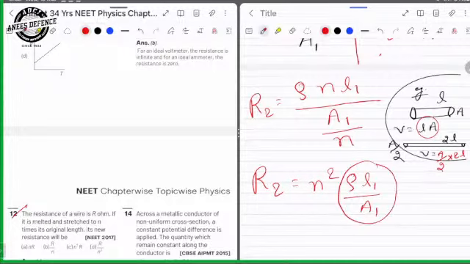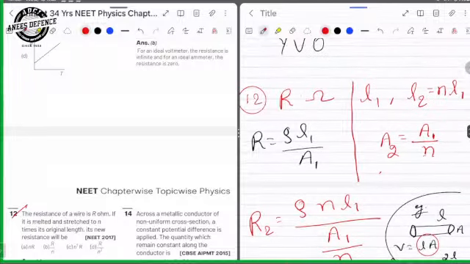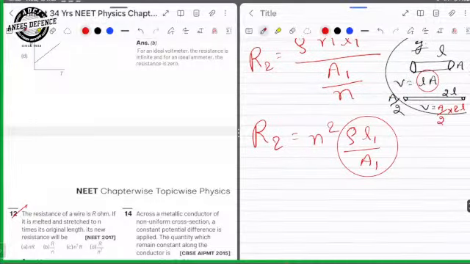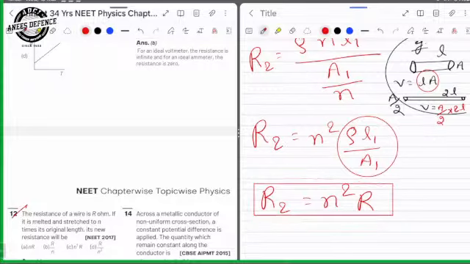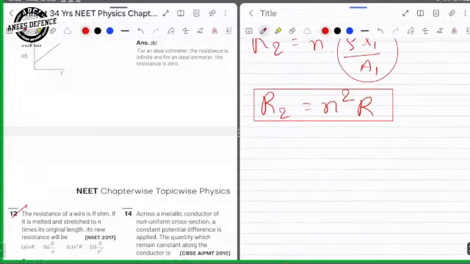And rho L1 by A1 is nothing but original resistance R1, and that value is R. So R2 is equal to n squared times R. Yes or no? Raina understood? Yes, sir.